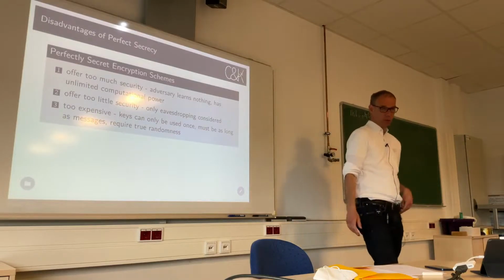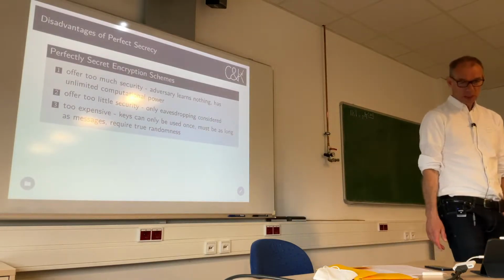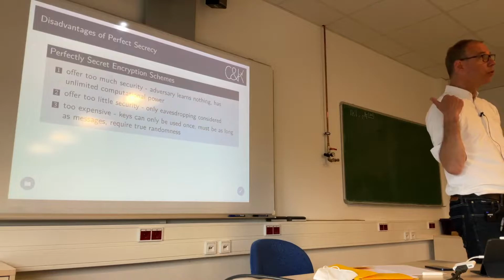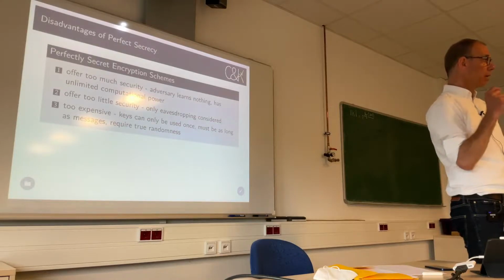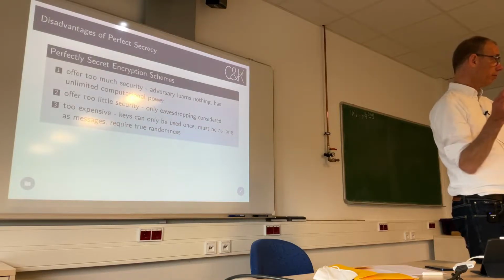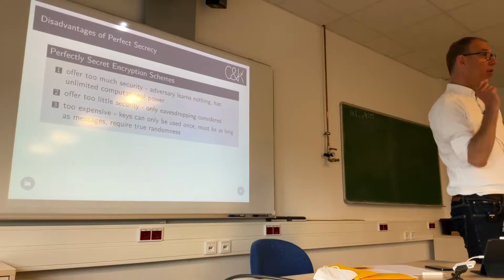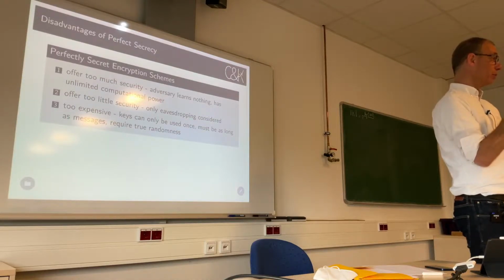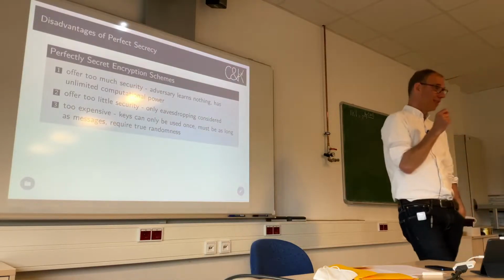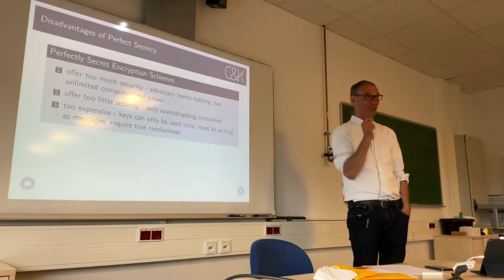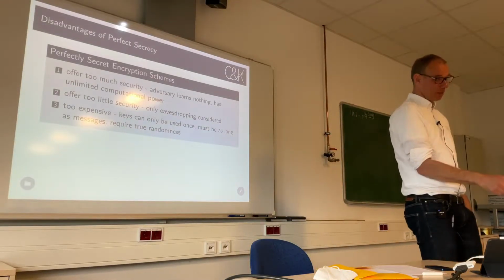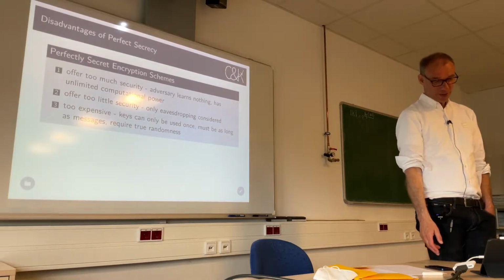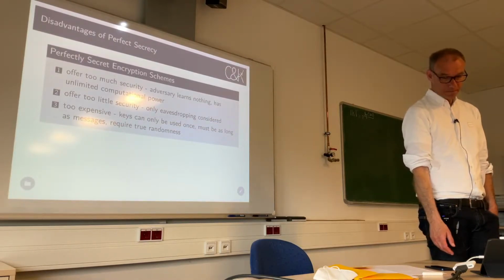So this is also going to be a concern. True randomness for me always means uniform randomness. There are other distributions than just the uniform distribution, and that's going to be very important in this course, because in general we look at other distributions.